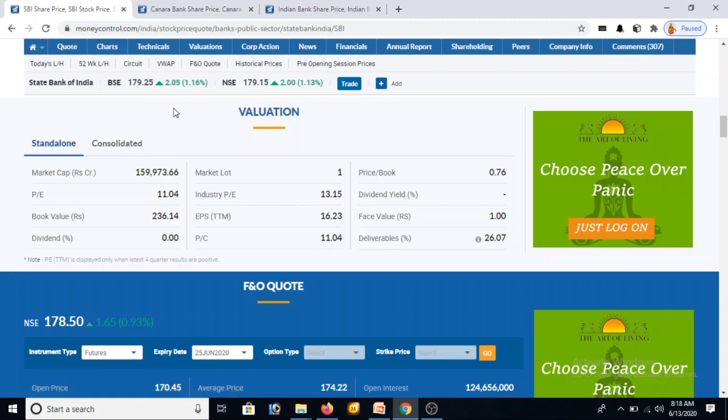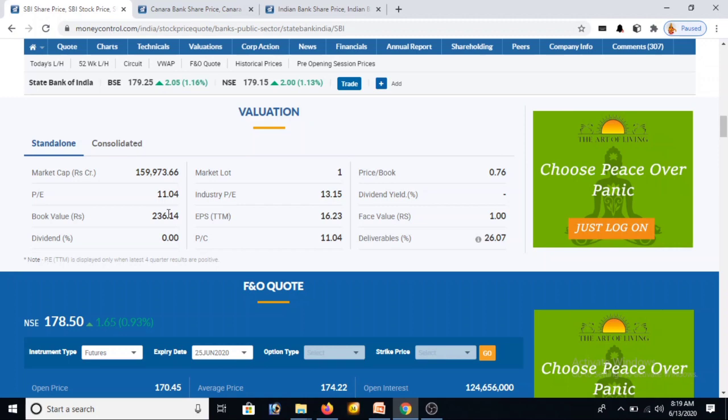So this won't give you a correct signal, as this happened only because of the news in the market. And also, a higher PE doesn't mean that the price of a particular stock is very much on the higher side. So we can interpret it in another way.